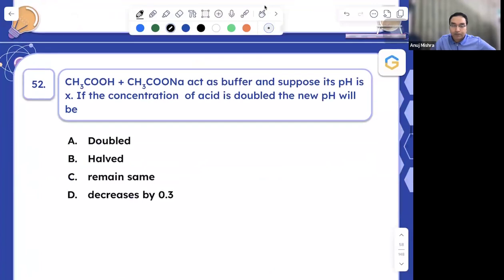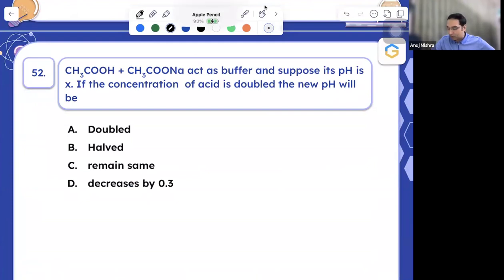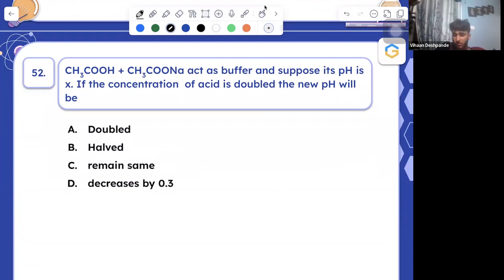Answer: the last option. Others, please solve.